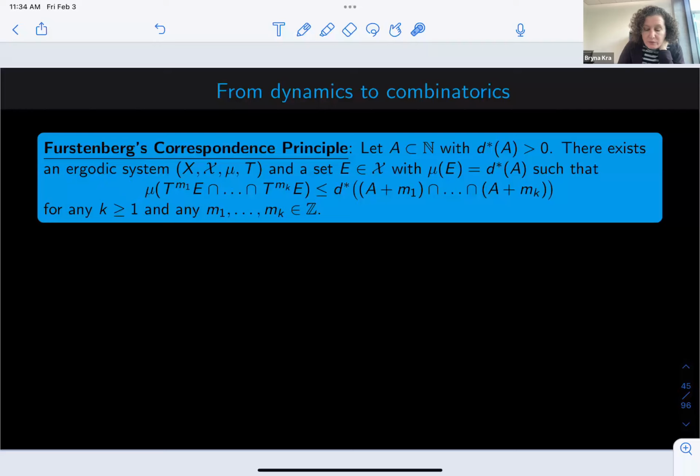So what that means is if you can prove that these kinds of iterates are positive using something like Furstenberg's multiple recurrence, you get that these things over in the integers are positive. In other words, you have found a pattern that you were looking for.